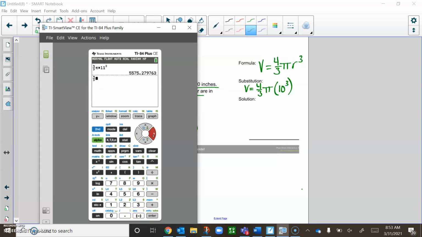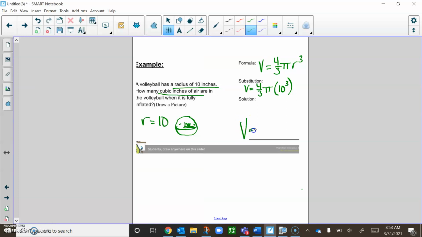You multiply by pi, and then you multiply by 10 cubed, so 10 to the third power, and enter, and you get 4,188.79. When you round, that's 4,188.8 for our volume, and that is going to be cubic inches.